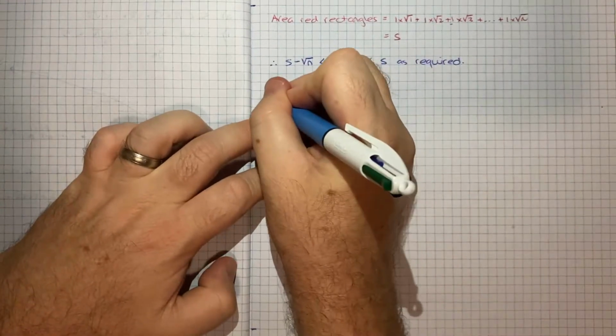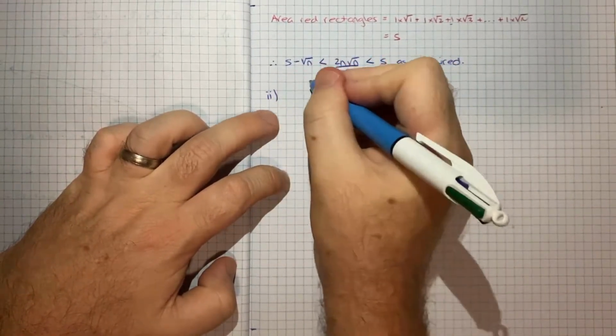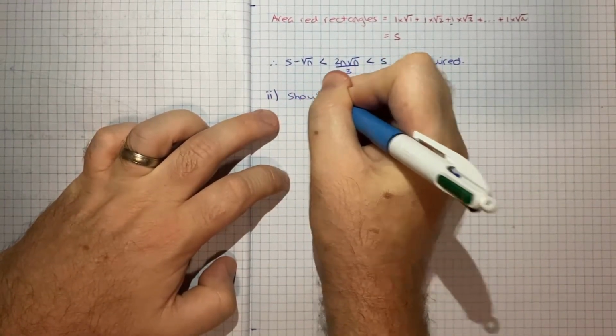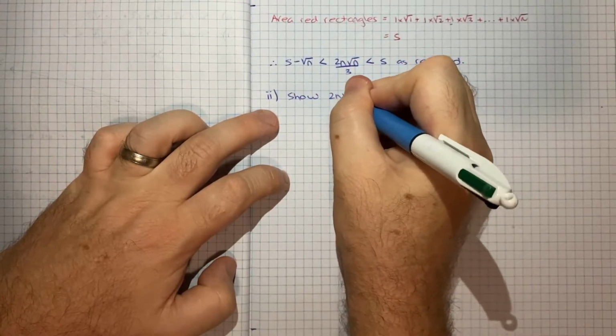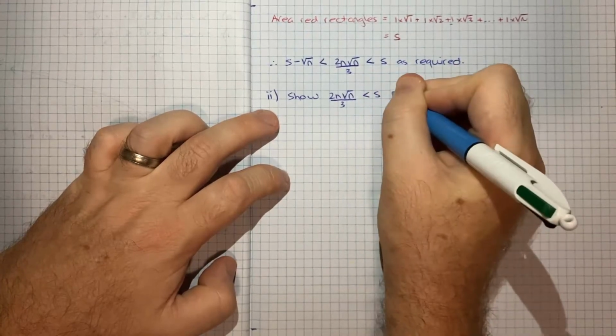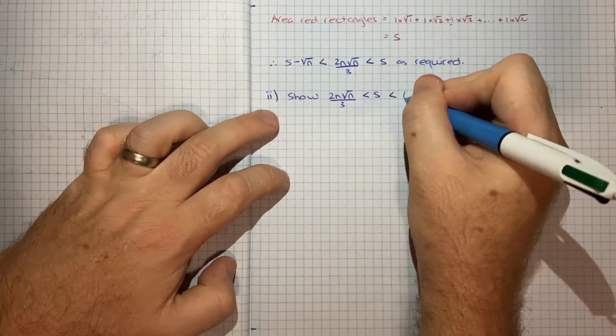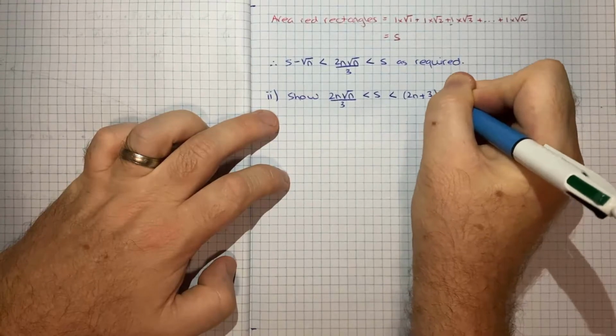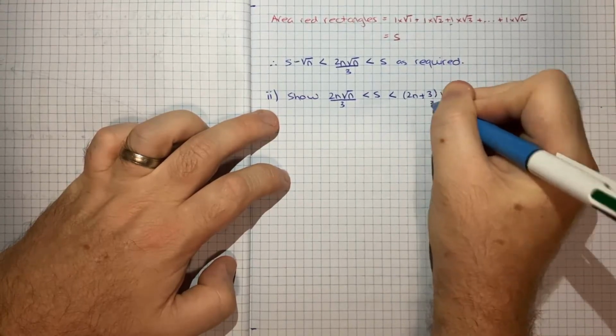Alright, now part 2 wants us to hence show that 2n root n on 3 is less than s, which is less than 2n plus 3 root n on 3.